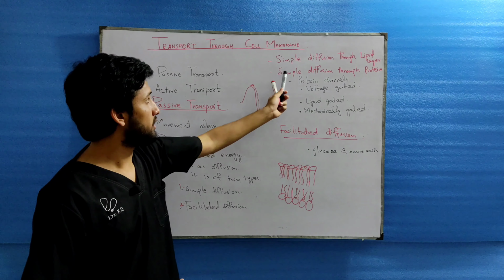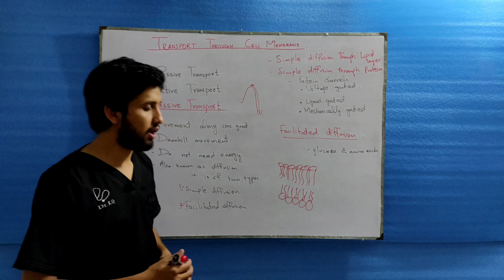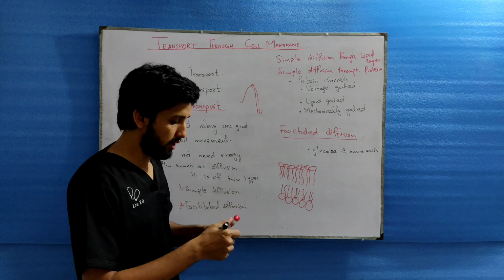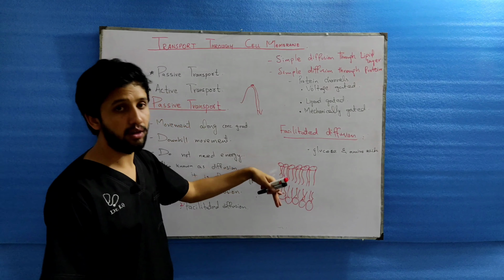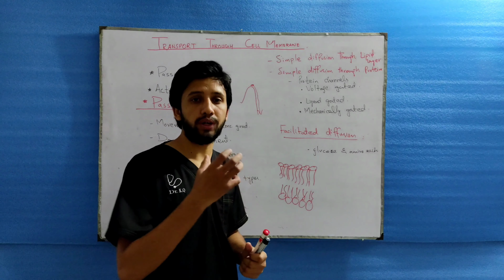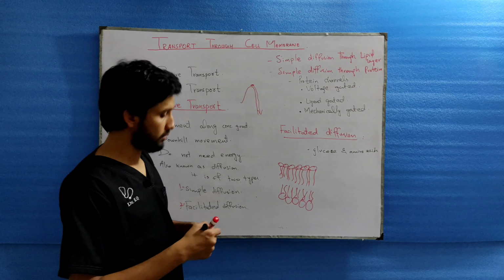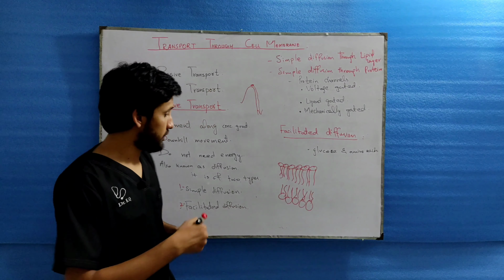The second one is simple diffusion through the protein layer or protein molecules. There are some molecules which do not diffuse through this lipid membrane, so they need some carrier or a protein molecule to carry them from this portion to this portion. So protein carriers or protein molecules are present.